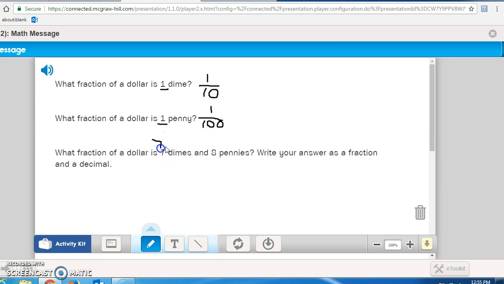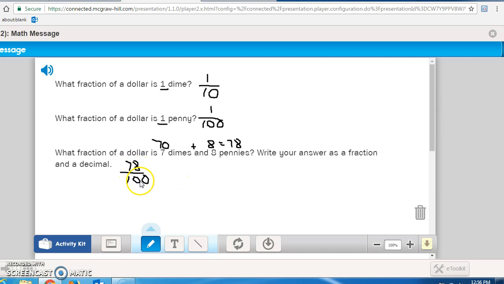Well, I know 7 dimes is 70 cents. And 8 pennies, well, that's 8 cents. That's going to give me a total of 78 cents. So write your answer as a fraction and a decimal. Well, I have 78 cents out of a possible 100, because it takes 100 cents to make that dollar.